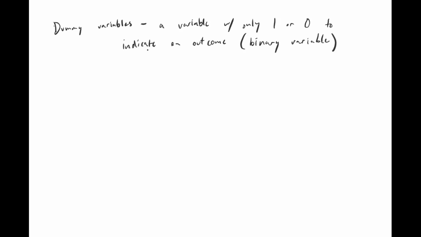Really important: in a linear regression, we can only use dummy variables and categorical variables, which I'll talk about in a second, as part of your explanatory variable set. Once we're talking about the response variable, if you have dummy or categorical variables for y, we can no longer do linear regression.